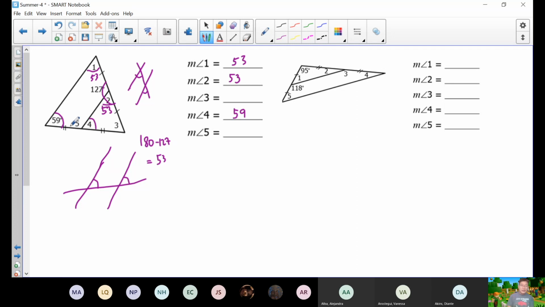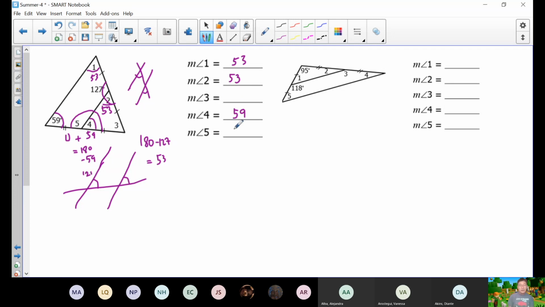By the way, we can get angle 5, right? Because this is 180. Angle 4 is 59. This is a 59 plus what makes 180? So subtract 59, and it gives you 121.